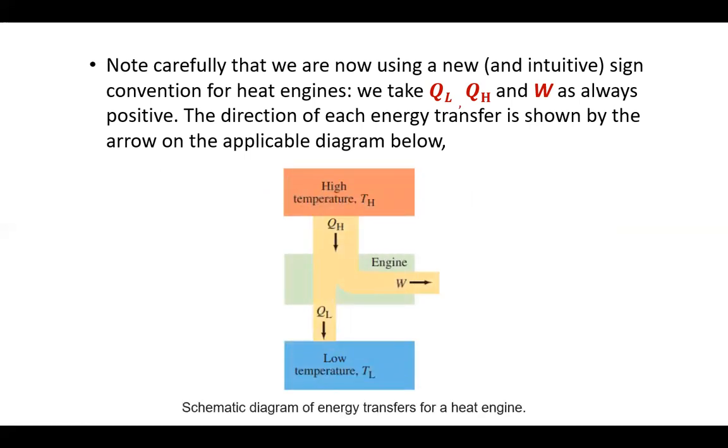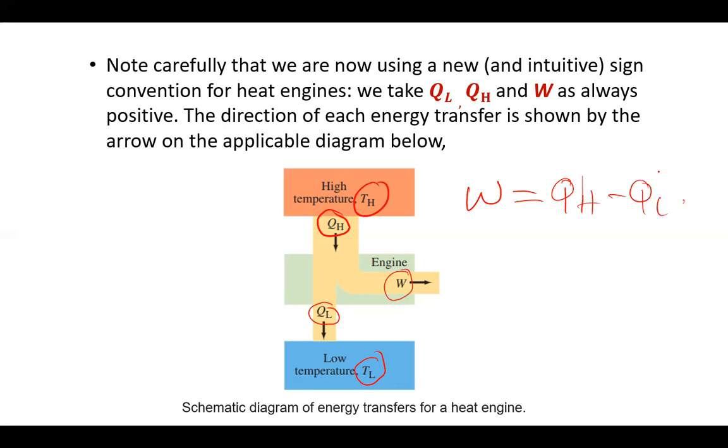So this is what I was just trying to draw there, where you have the QH, which is the energy at high temperature TH. Then this is the input energy there. Then the output, you are going to have QL, which is the energy at the low temperature TL. And then you also have the work there. So this can mathematically be written as work is equal to QH minus QL.